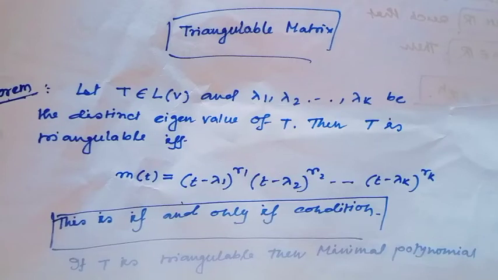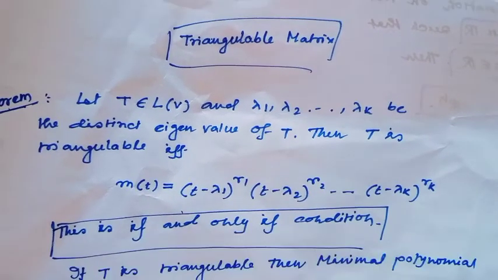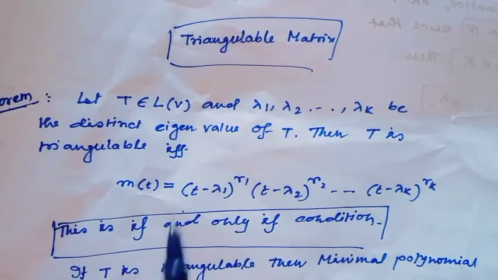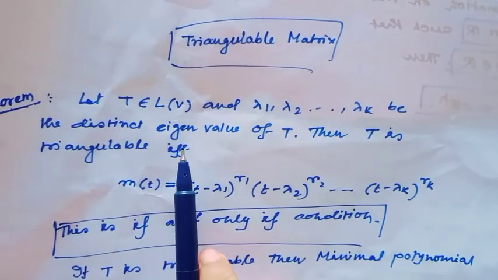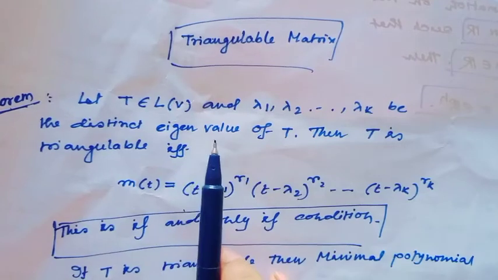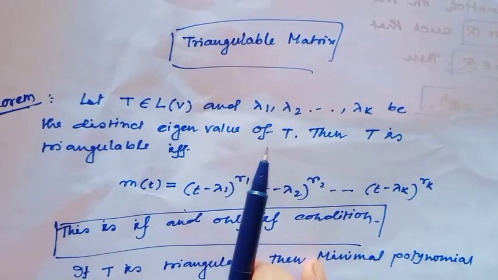Actually, diagonalizability of a matrix is an extension of triangulability. What is the definition? Consider a linear transformation, or linear operator, T which maps from a vector space to the vector space.